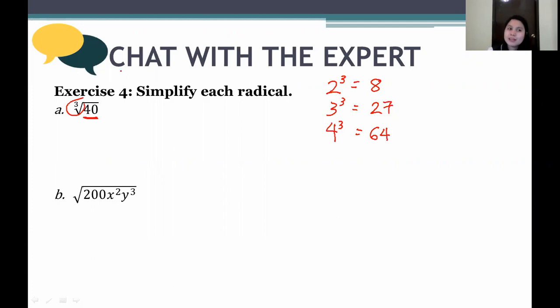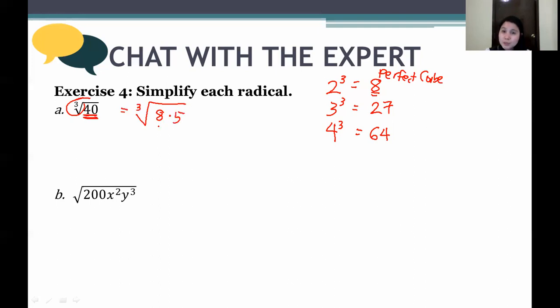Okay. Since this is a cube root, think of a number that's a factor of 40 that is a perfect cube. We call this a perfect cube. So we have 8. So we can write 40 as 8 times 5.